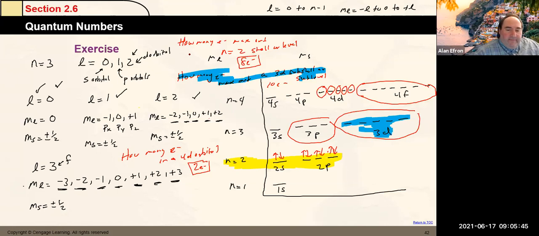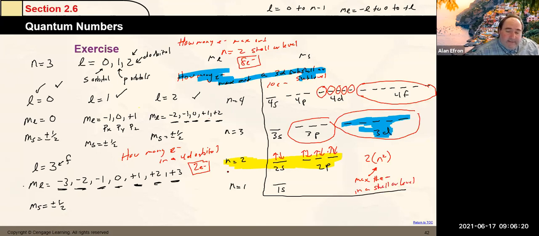But before we move off this page, there is a quick way that you can calculate how many electrons you can put into a level or shell, and that is by taking 2n squared.